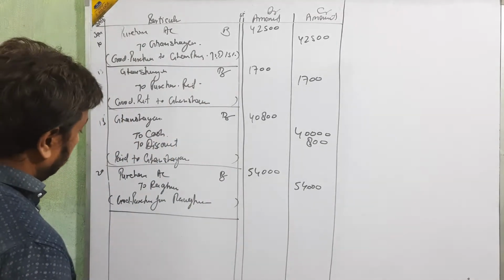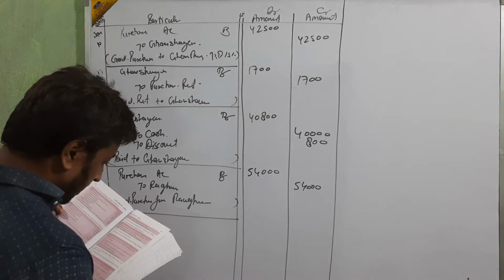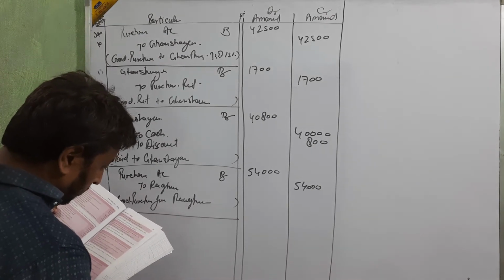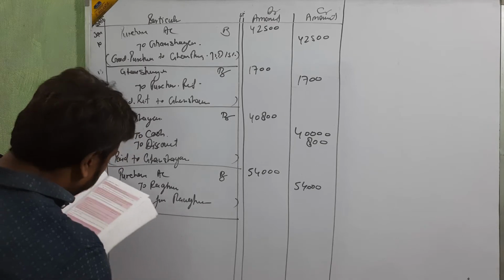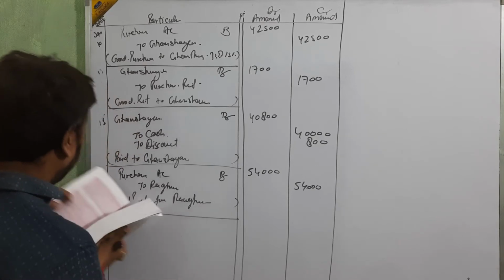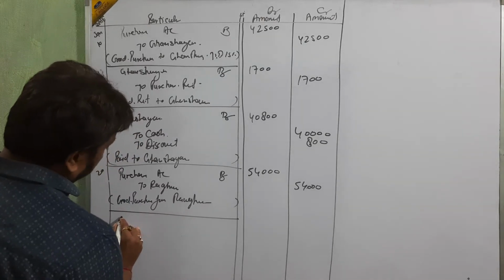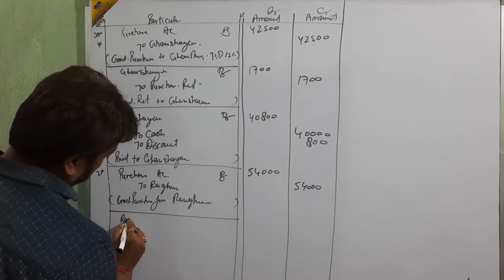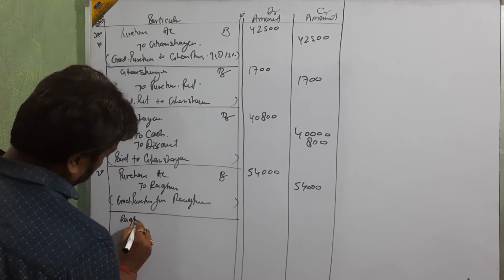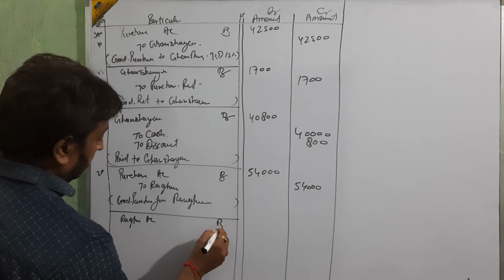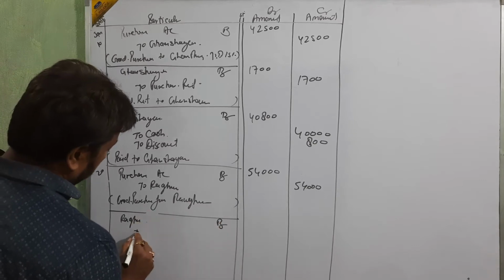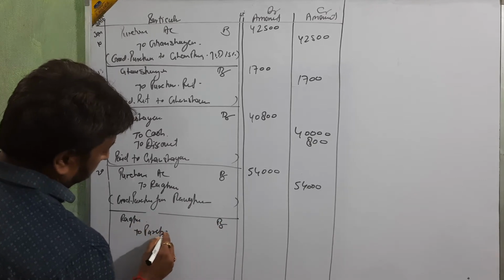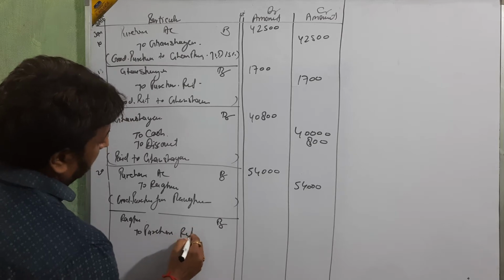Next, again, return goods to Raghu, list price 5,000. So Raghu account debit to purchase return.